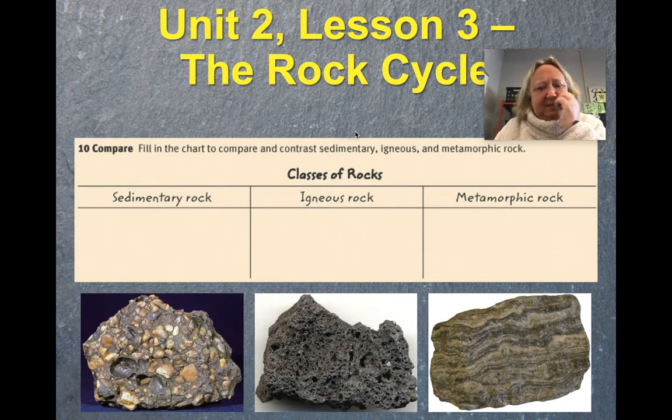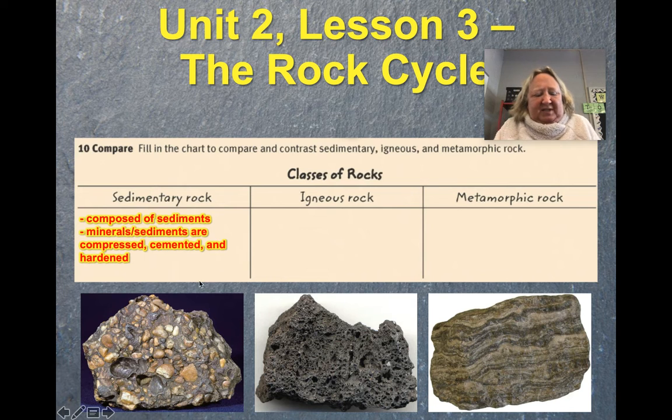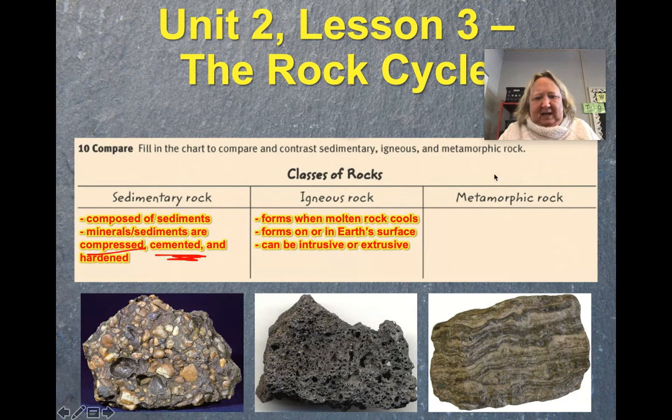So lastly, let's look at this chart, and we'll be referring to this a lot over the next few days. So sedimentary rock is made of sediments. Kind of makes sense. They're compressed, okay, pushed together, cemented together, and then they harden. Okay, igneous, do we remember? What do they form from? Magma and lava.